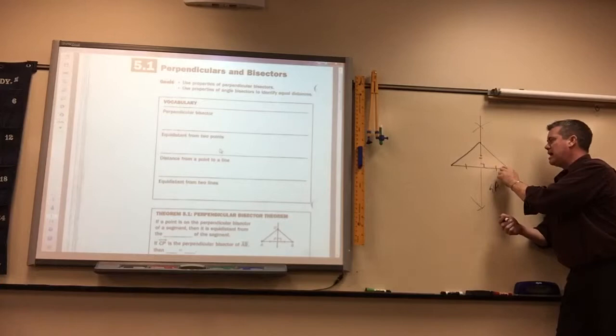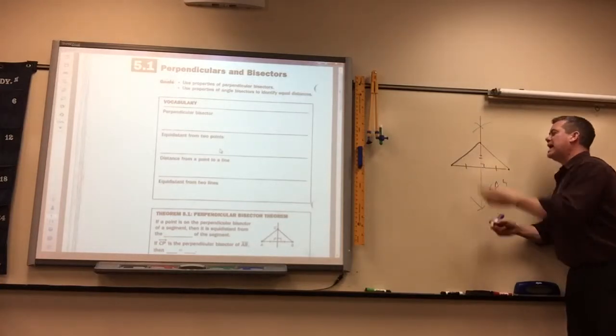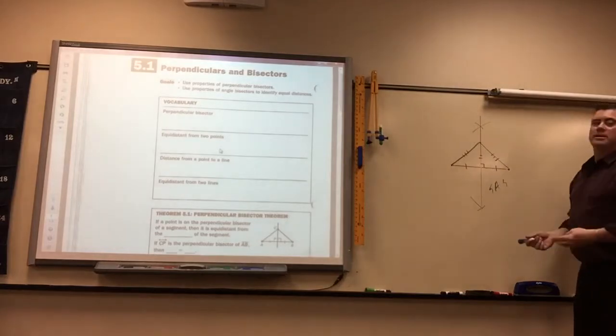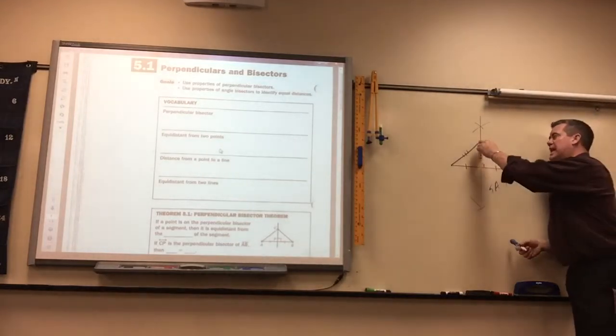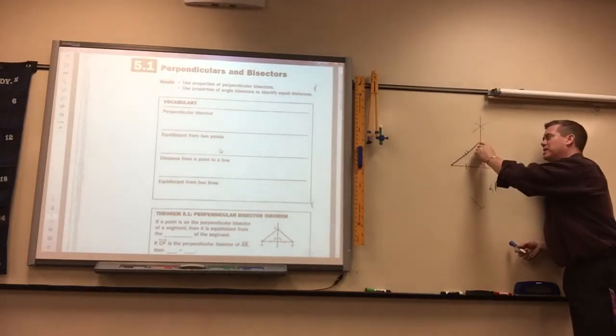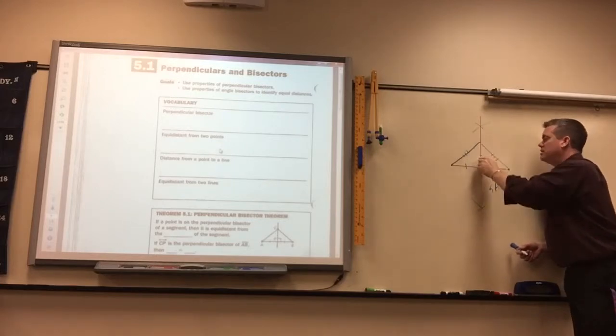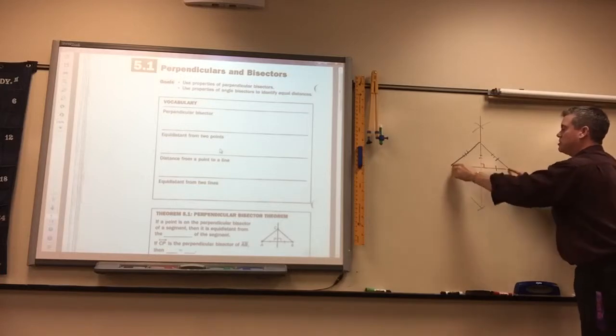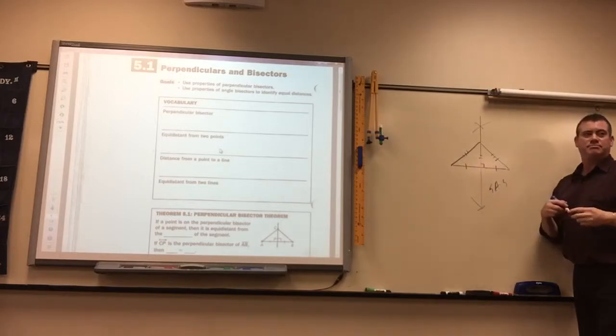This angle would equal that one, this angle would equal that one, and this side would equal that side. So what that means is that any point on the perpendicular bisector, whether it's here, here, here, here, down below, will be equidistant, the same distance from each endpoint. Okay? So that's what you need to know about a perpendicular bisector.